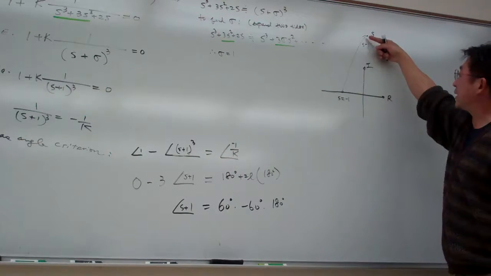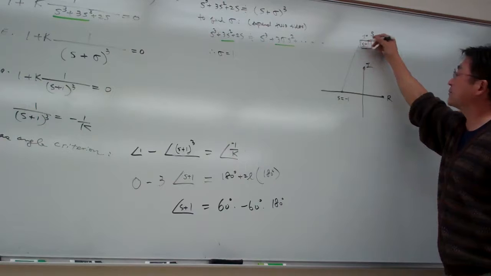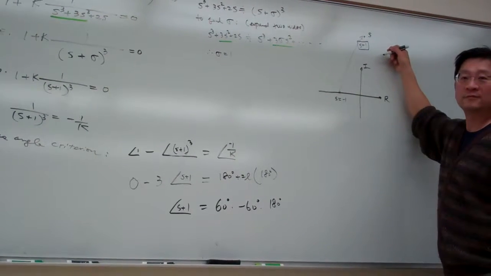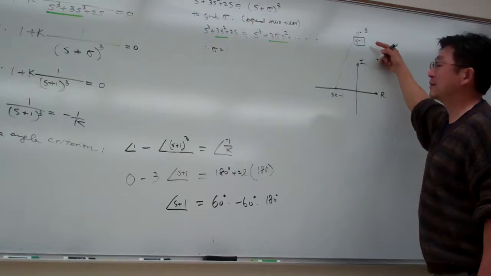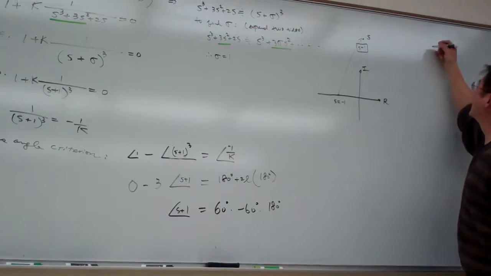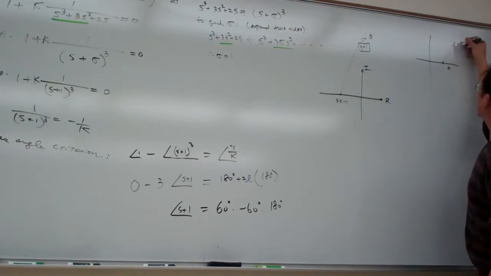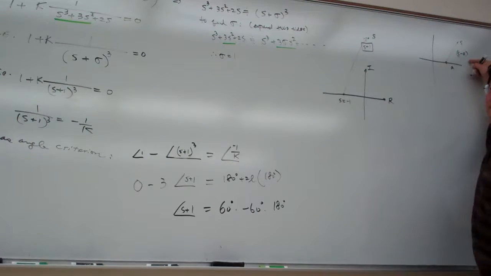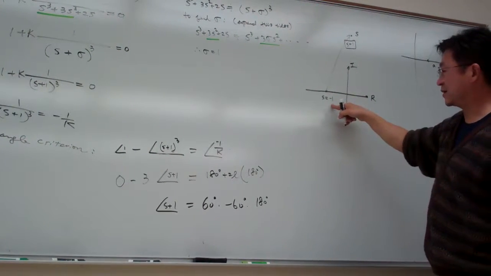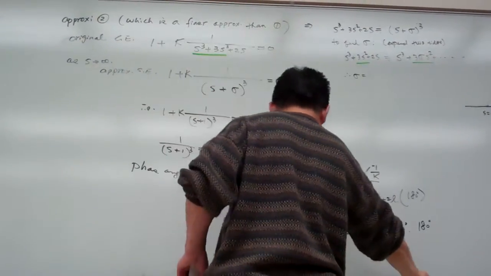The difference between s and this point is defined by s plus 1. Do you remember? So if this is point A and this one is s, this vector is called s minus a, right? Okay, so we pick up this one. From here you can see we can be more precise.